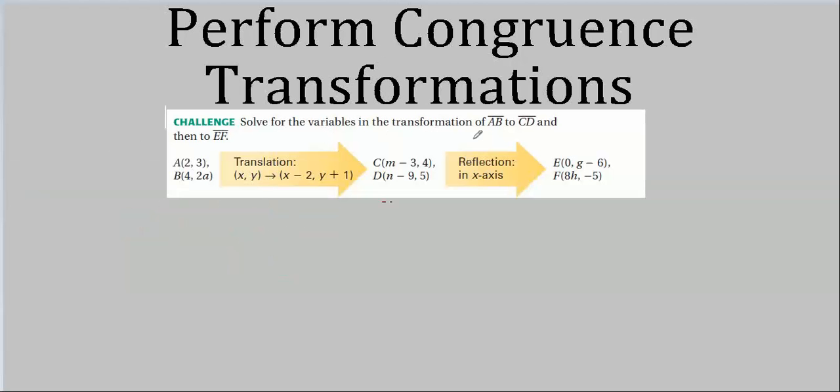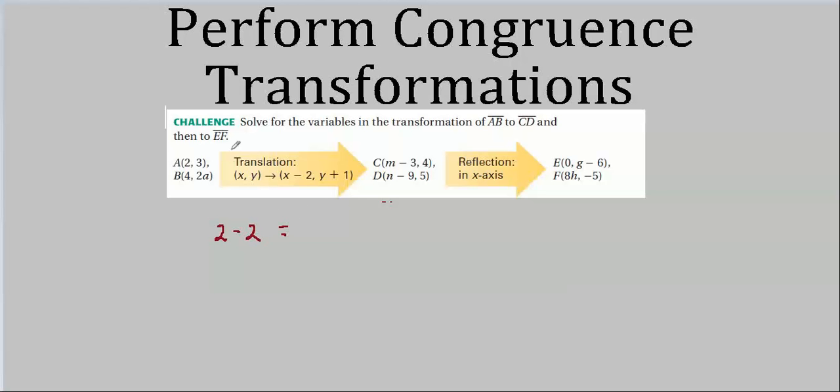We've got AB to CD and then CD to EF. So, let's suppose that A transforms to C and B transforms to D. That seems to be the way they laid it out. So, under this transformation, we have that A goes into this. Well, what do we have? Well, the x-coordinate here would be 2 minus 2.